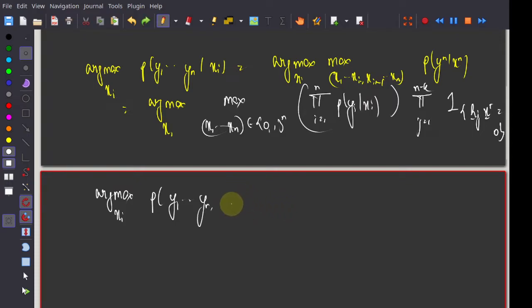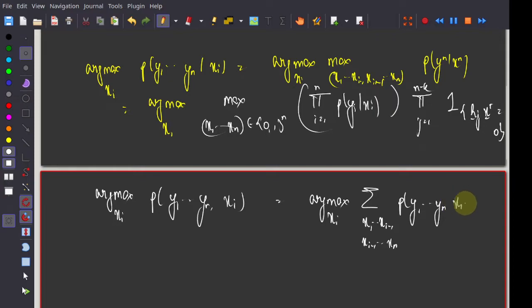So now suppose I just want xi. I want to maximize this particular quantity. I can write this as argmax over all possible xi, summation over x1 up to xi minus 1, xi plus 1 up to xn, of p(y1 up to yn, x1 up to xn). Correct?